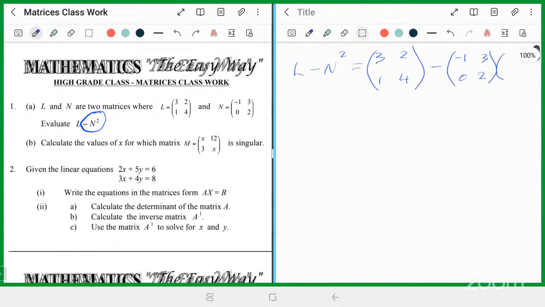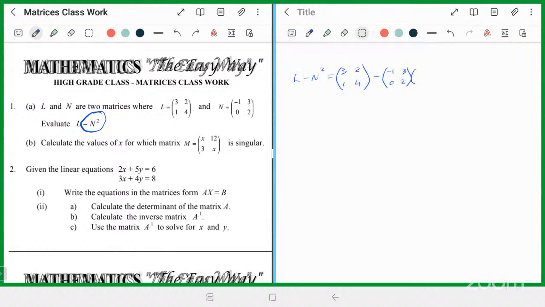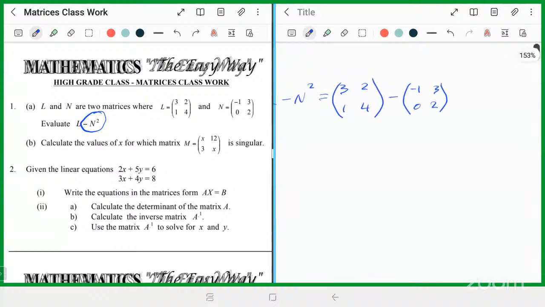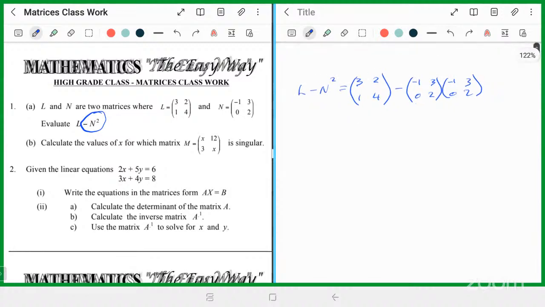Maybe select smaller and zoom in. We have to carry out this multiplication first, which is the N squared. So this is the L, and this is the N squared.